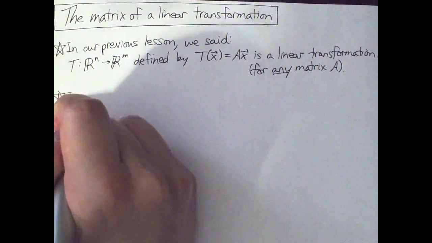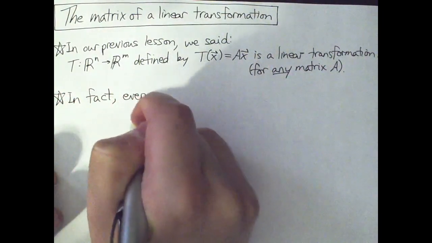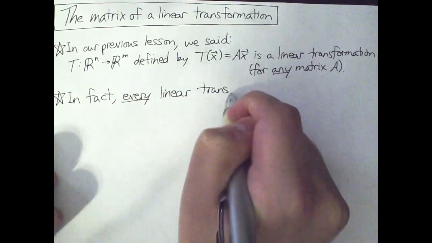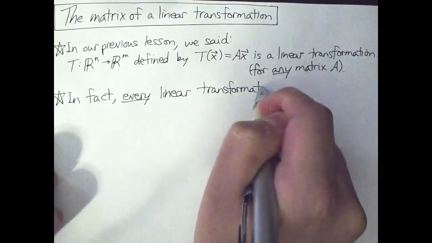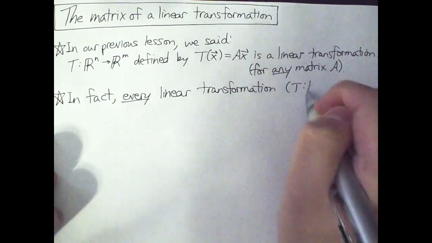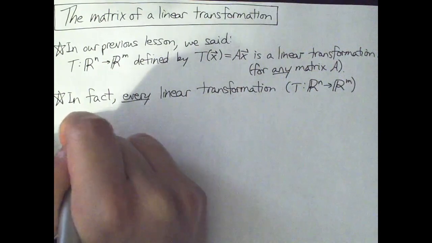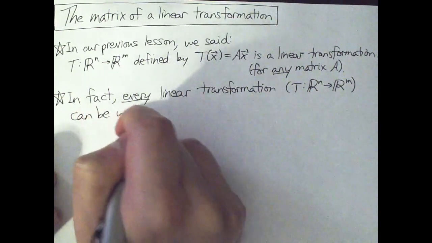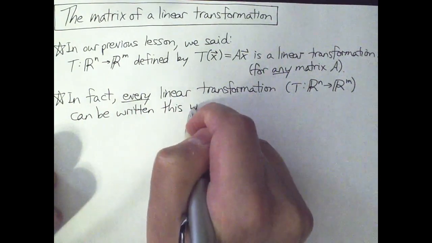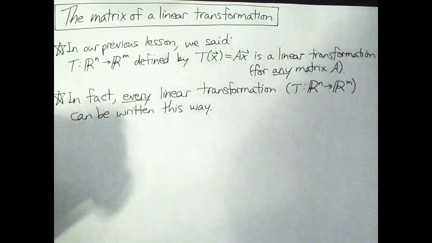And in fact, every linear transformation, meaning any T from Rn to Rm, can be written this way. So this is the answer to the kind of question that I was asking at the end of our lesson last time.